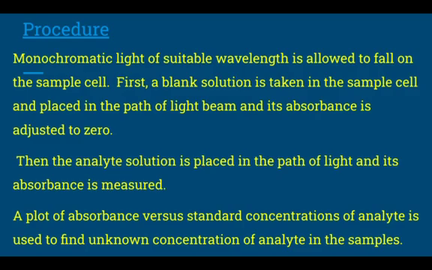Finally, a graph is plotted with absorbance along the y-axis and the volume or concentration of the analyte taken along the x-axis, from which we will be able to determine the concentration of the unknown solution of the analyte that is given to you. So that is the procedure.